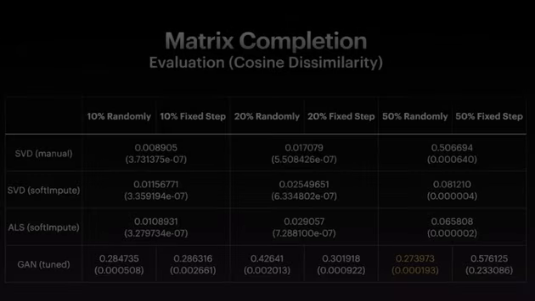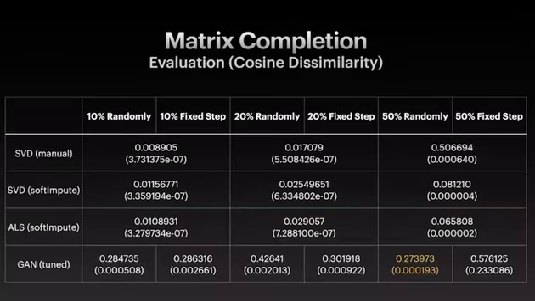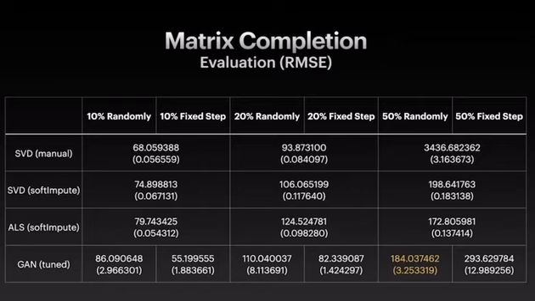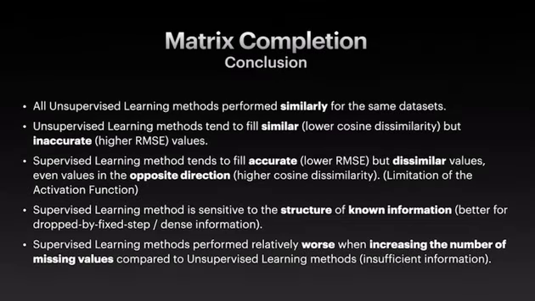And here is our evaluation. First, we evaluate the outcome via cosine dissimilarity, which measures the similarity between two matrices. We also use RMSE, which measures the difference between the filled entries and the original entries. Based on our evaluation, our conclusion is that all supervised learning methods perform similarly for the same dataset.